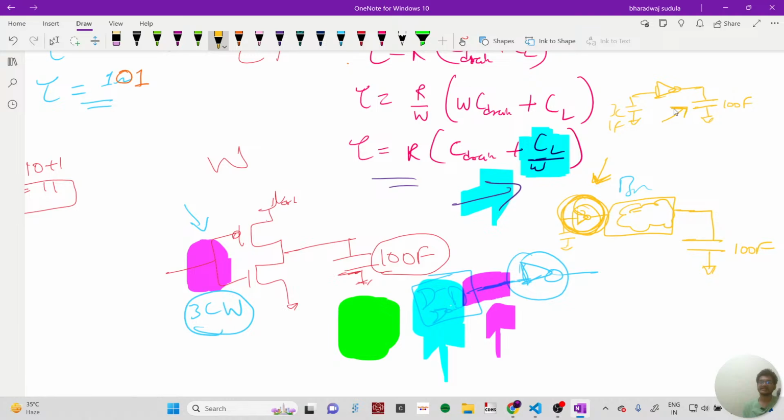Back then there is 100 farad load. It has to put on some effort to charge this capacitor or to discharge this capacitor. Now I'm including some other logic gates to take care of this big giant.